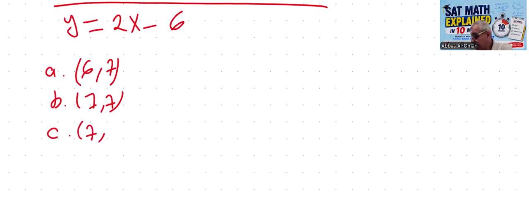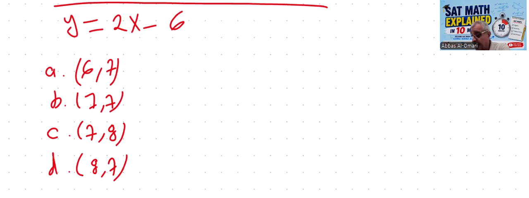And we have D, 8 and 7. So we want to determine which of these points lie on this line. So to solve this problem, we should substitute for x and see if we get the y. So the point that satisfies both conditions, x and y, is the correct answer.